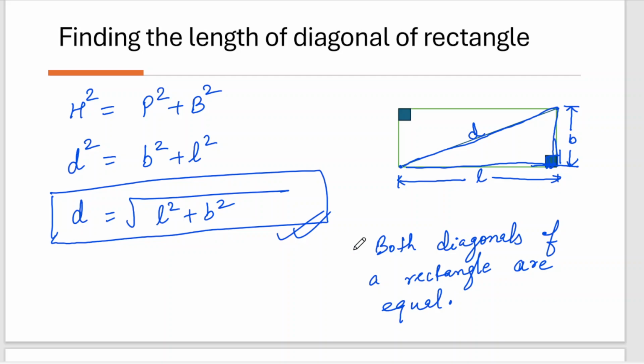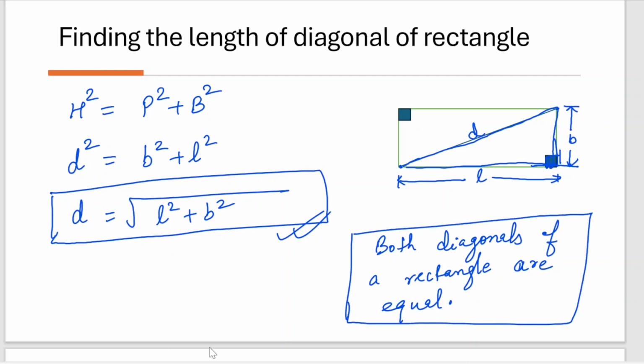Always remember this property. That means if you know the length of one diagonal, then we can easily find the length of the other diagonal also. Suppose we got one diagonal as 50 centimeter. The other diagonal will also be equal to 50 centimeter. Next.